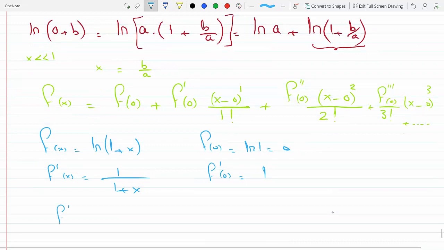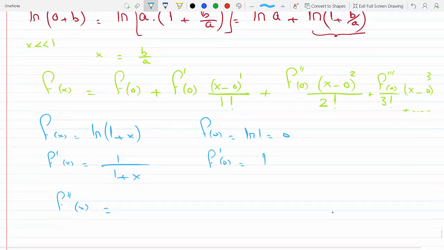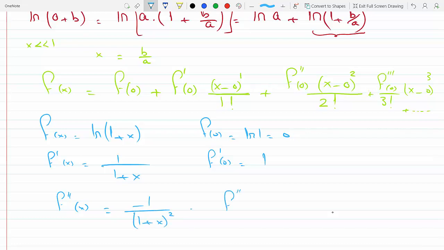I can keep on going, but again I don't require that many extra derivatives because it's an approximation. So f double prime is minus 1 over 1 plus x squared, and if I evaluate this at 0, I will get minus 1, so on and so forth.